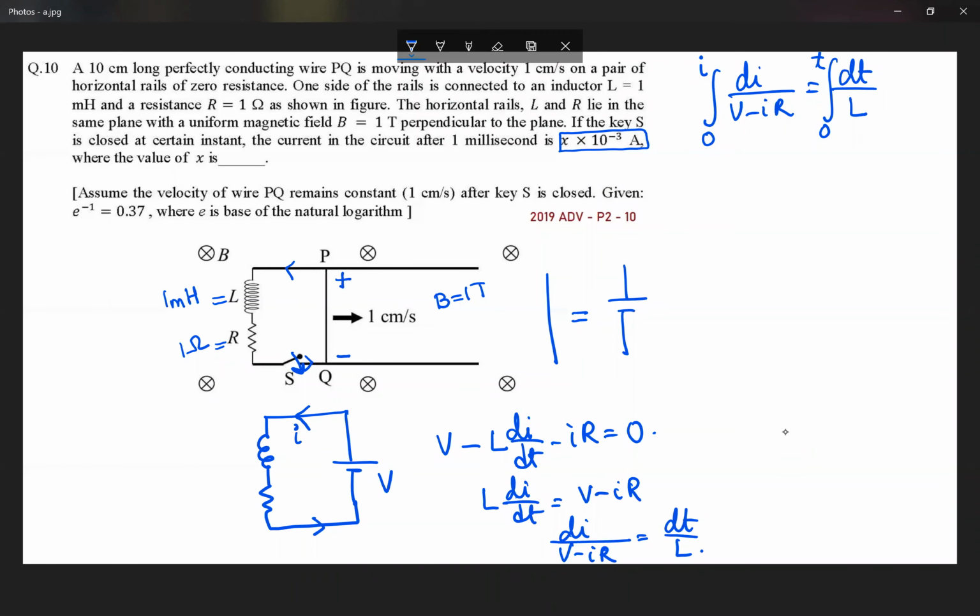Notice that the question says we should assume the velocity of the wire remains constant. So because the velocity of the wire remains constant, this EMF V is a constant. Now integrate both the sides.